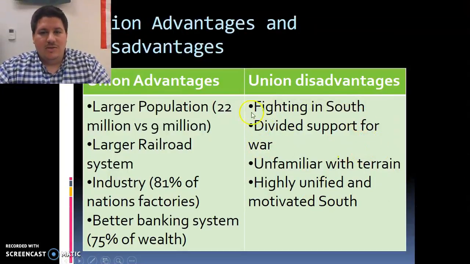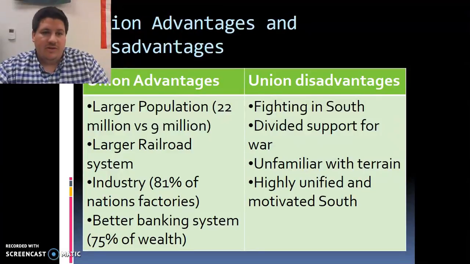Finally, it's also important to understand that there was divided support for the war in the North. Not everybody was pro-Union, pro-get back the Confederacy. Some people really had the mentality, well, what does it matter? We discussed already that the owners of clothing manufacturing companies in the North, textile factories, wanted slavery in the South because for them that meant cheaper raw materials so they could make more money from their clothing manufacturing.